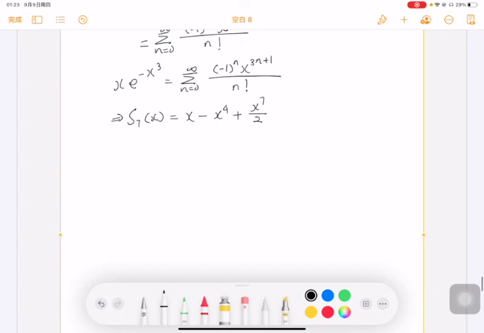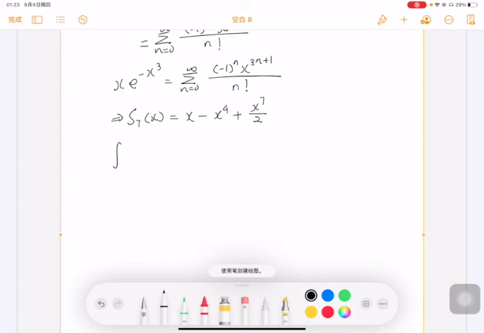Okay, so this is the 7th degree Taylor polynomial, and then we integrate this from 0 to 1. And this is the approximation of, so maybe I should write this.